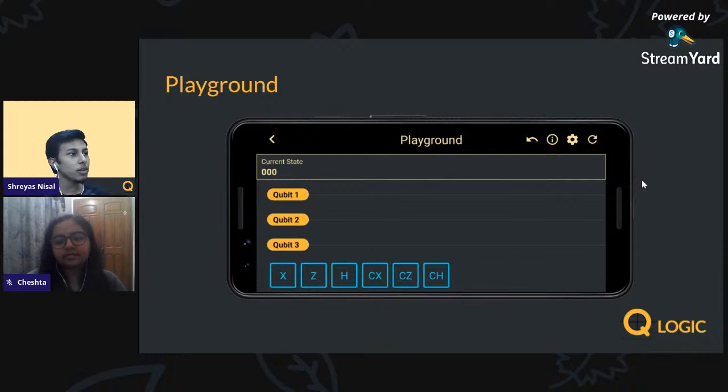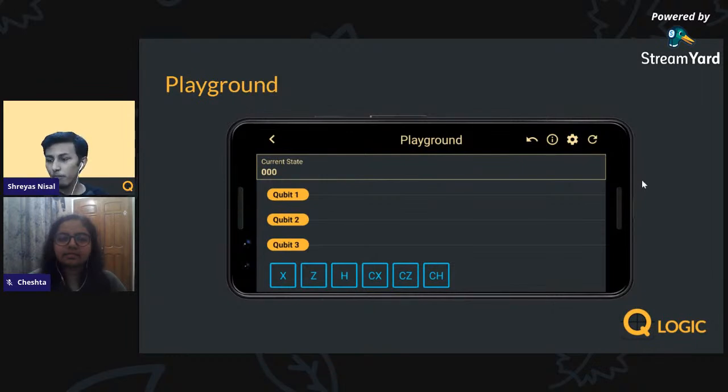As opposed to that, here we're just giving you some levels where you know the initial state, you know the final state, and you just work out what gates you need to apply. But we also have a playground where you can apply these gates and just play around with it, and you can see that there's no move timer or move counter or a timer where we keep track of what you're doing. This is just a safe space.